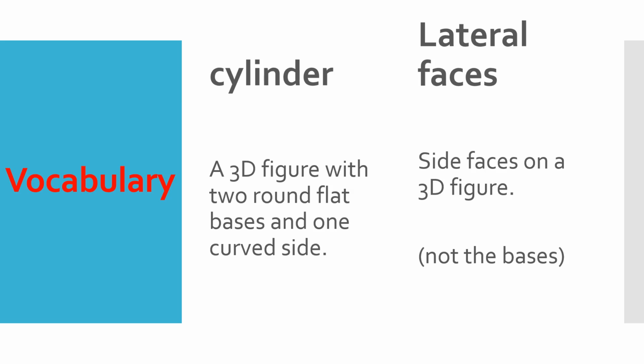Okay, some vocabulary for you to fill out. A cylinder is a 3D figure with two round flat bases and one curved side. The next vocabulary word is lateral faces. Those are just the side faces on a 3D figure, so not the bases.